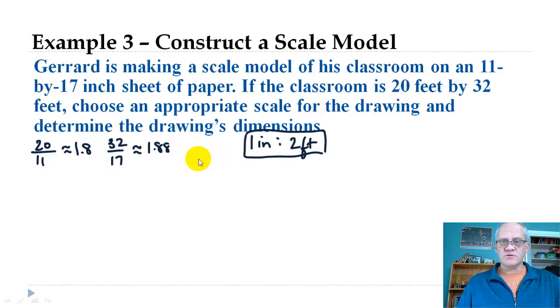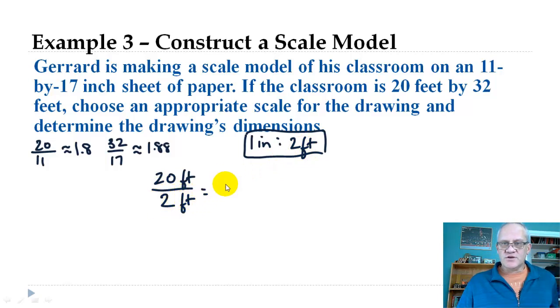So if you take your 20 feet and divide that by the 2 feet, that will tell you that you're going to have 10 inches that way. So 10 inches times 2 feet, that'll give you your 20.